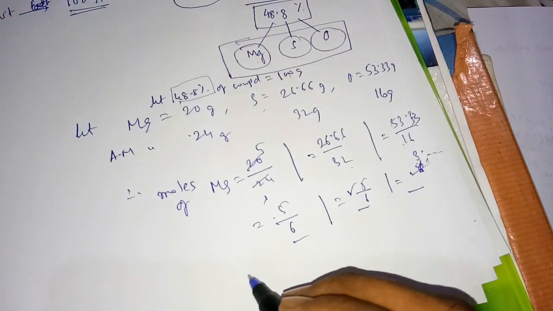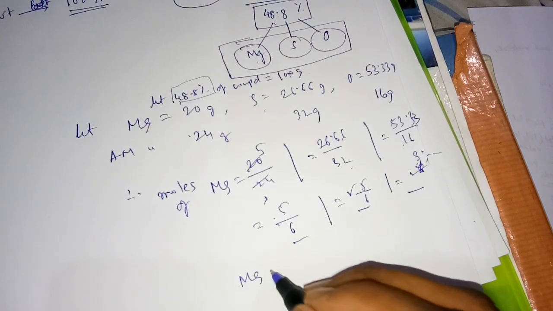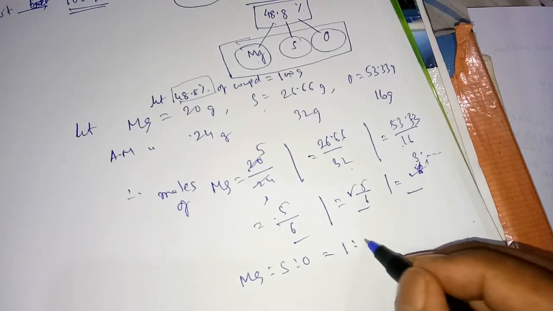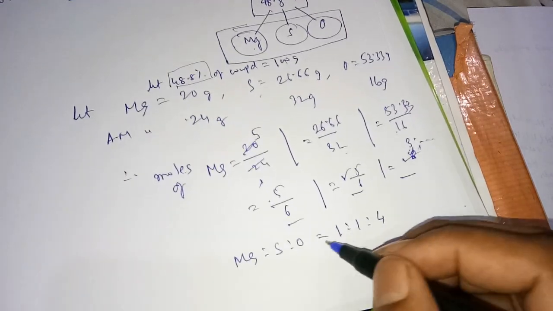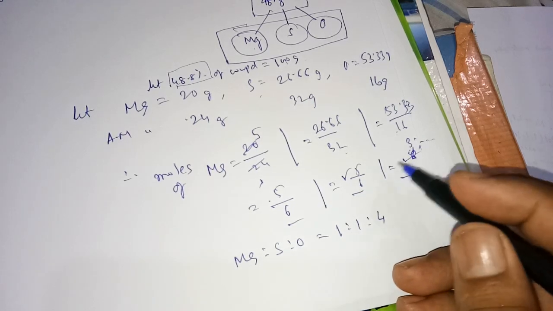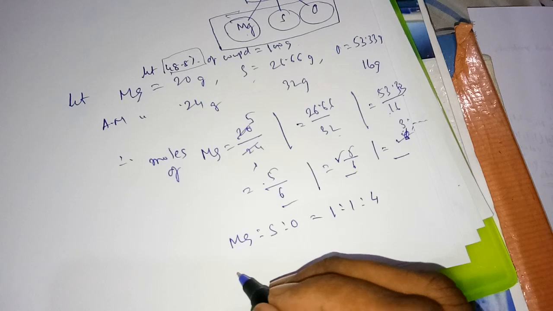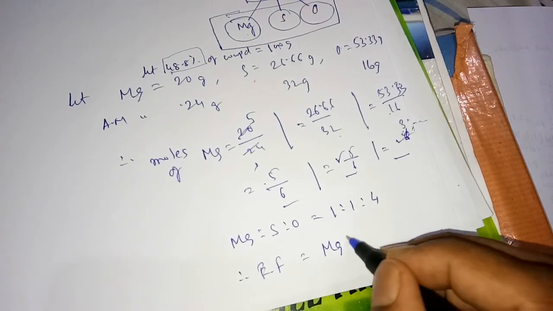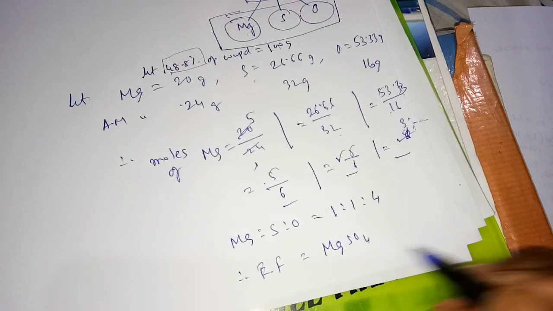Then what is the ratio that is coming? Mg to sulfur to oxygen, the ultimate ratio will be 1:1:4. Calculating manually will take lots of time, so I am not calculating it. So the empirical formula is MgSO4.